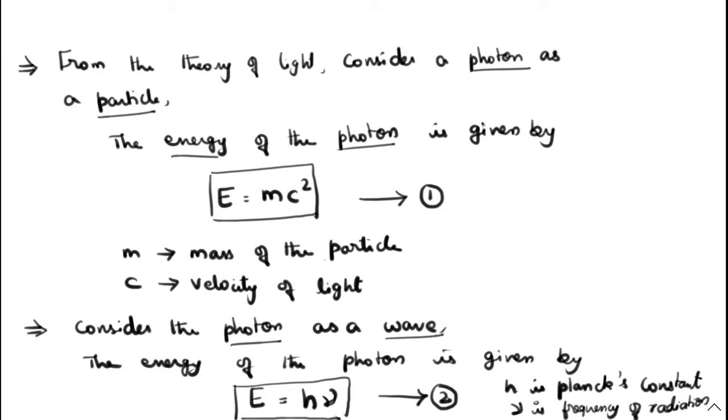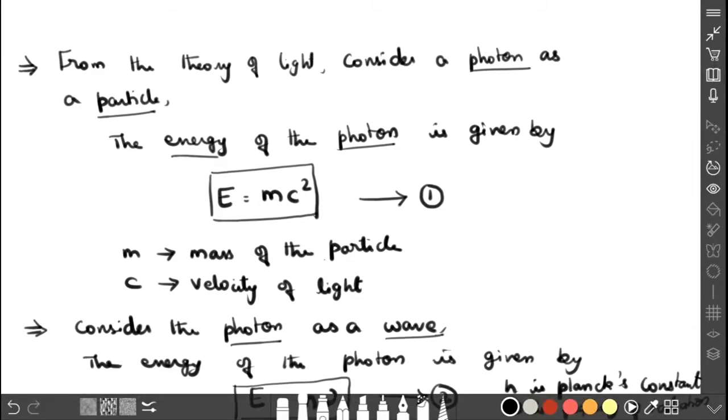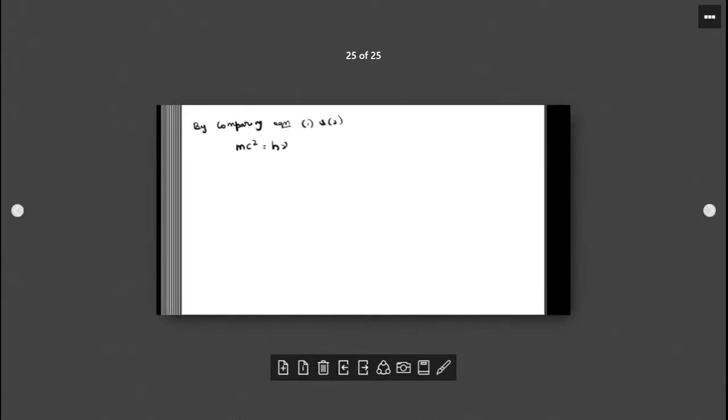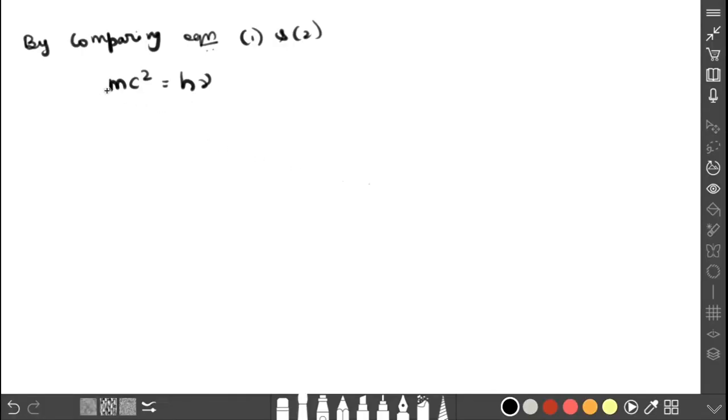So by comparing equations 1 and 2, mc square is equal to h nu. Now, the momentum formula, you already know. Momentum is represented by the letter P, P is equal to m into c, the mass of the particle into the velocity of light.